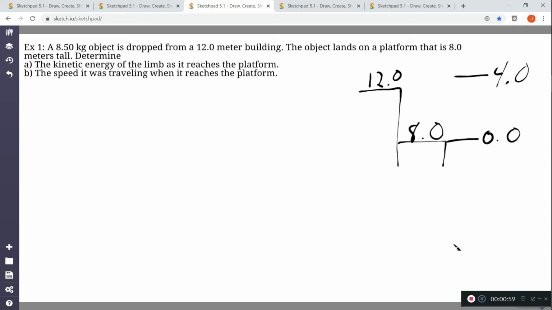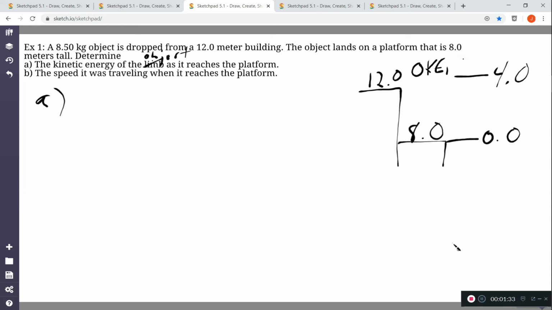So part A, it says determine the kinetic energy of the object as it reaches the platform. So what this is, it's a relationship between the gravitational potential and the kinetic energy. So at the beginning of this, it has 0 kinetic energy when it's first dropped and all of its gravitational potential.